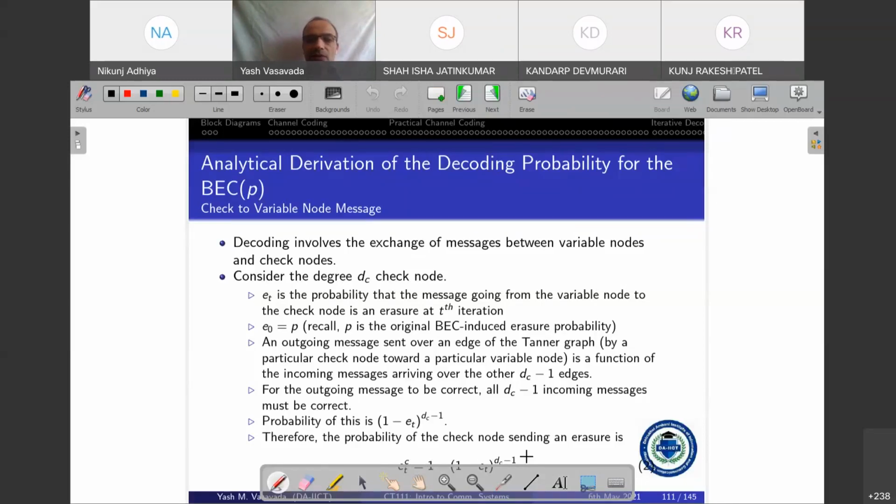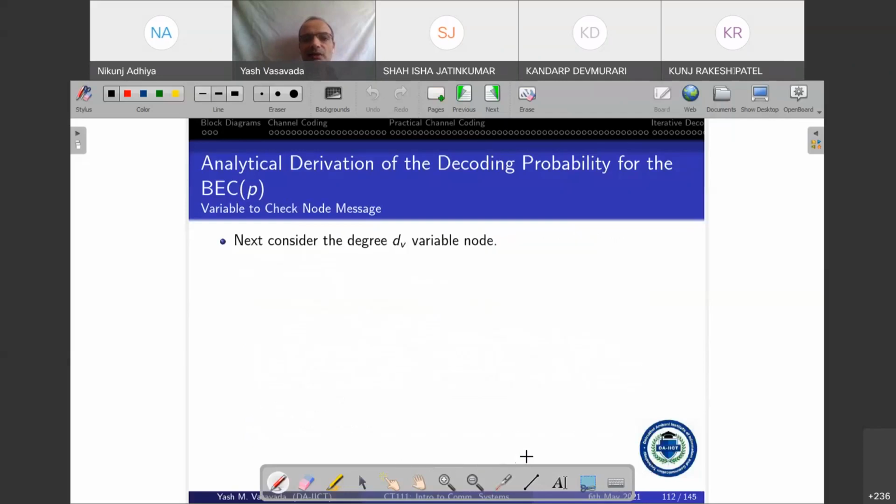But we have to complete the full cycle before we can identify the performance of the LDPC code. So the remaining part of the cycle is variable to check node. And we are going to again assume that all the variable nodes have the same degree.